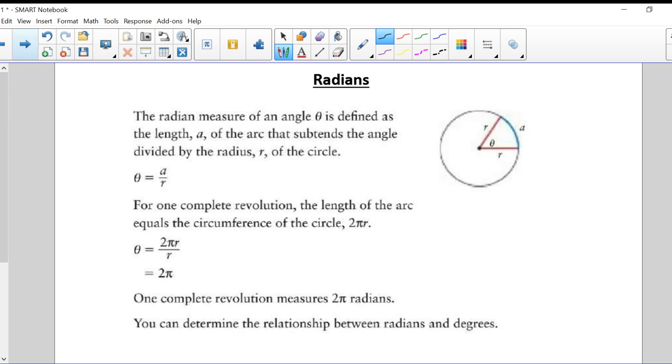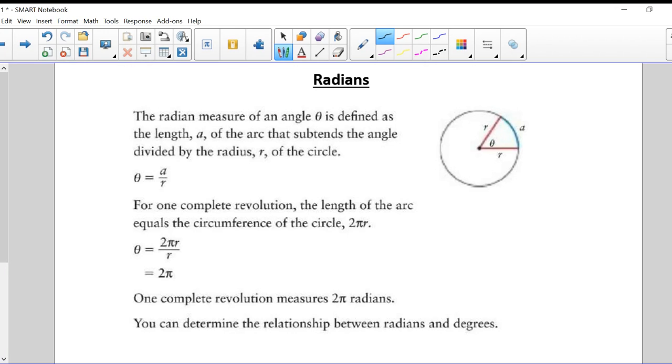But we're going to define this angle that's at the center of the circle that subtends this arc in a different way. We're going to say that when this arc, right, this distance here, you can see the distance I'm pointing to, when that distance is the same as the radius of the circle, so this arc that you have along the edge in blue is the same length, the same distance as the radius of the circle, we're going to call this angle at the center 1 radian.